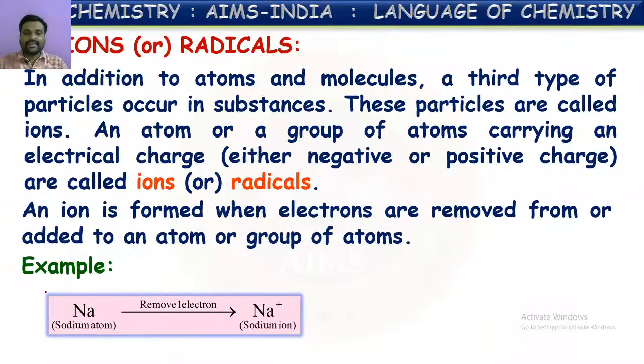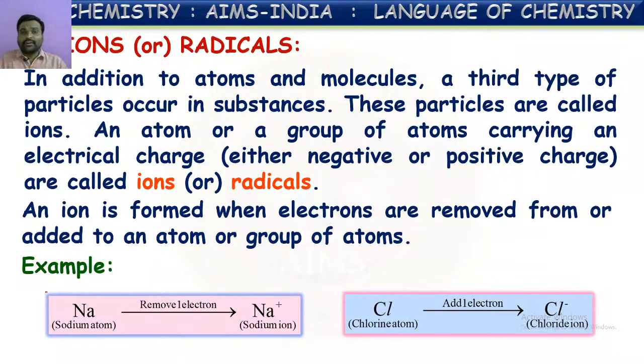This Na plus is called a positive ion. When chlorine gains one electron, it forms the Cl minus ion, which is called a negative ion. So by the removal or gaining of electrons, atoms form ions or radicals.